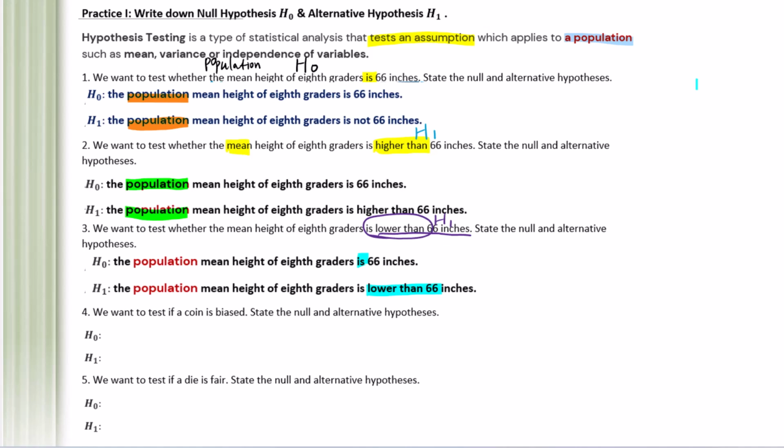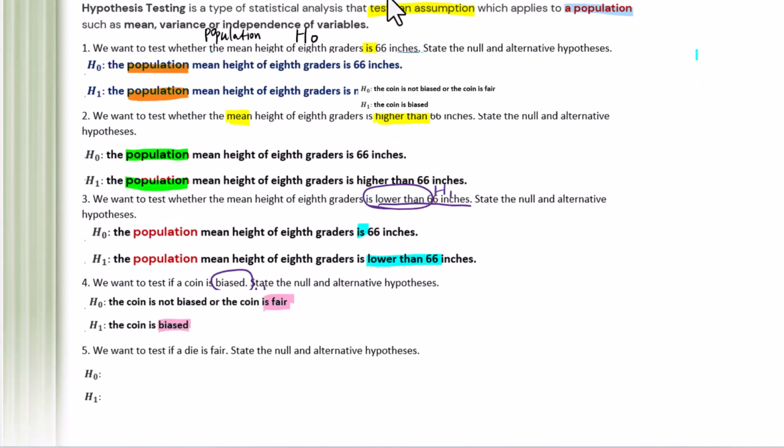Question 4. We want to test if a coin is biased. The coin is biased, keyword biased. This goes to H1. H0 will be the coin is not biased or the coin is fair. Question 5.